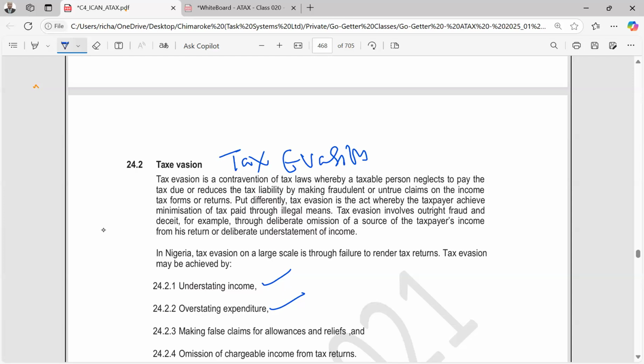So it means that if that expenditure that you have overstated is an allowable expenditure, the amount of money that will be deducted before you pay your tax will be high. So most of this overstating of expenditure has to do with padding allowable expenditures.